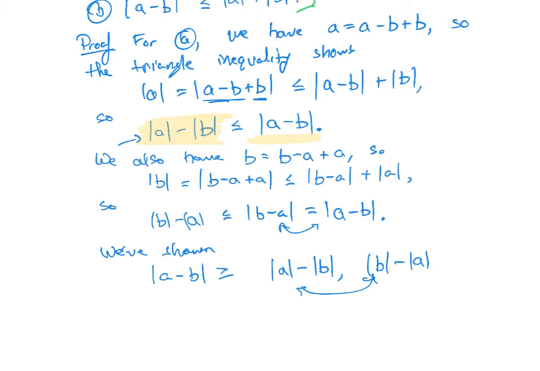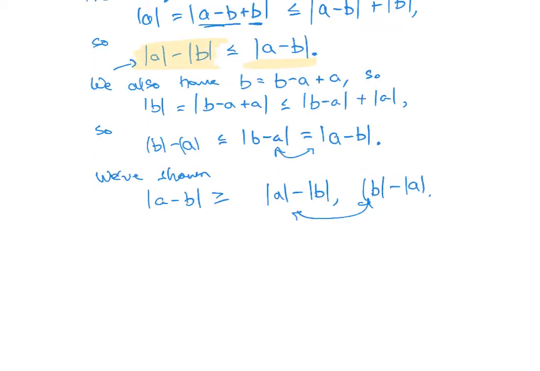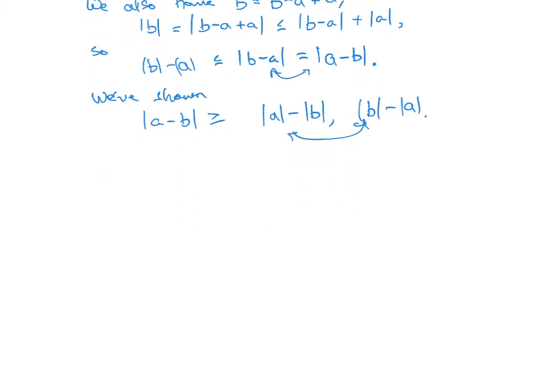So, if you're greater than or equal to some number and also greater than or equal to its negative, well, those are the two possible values of its absolute value.